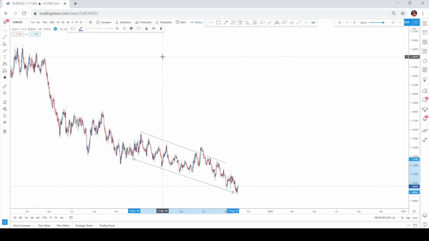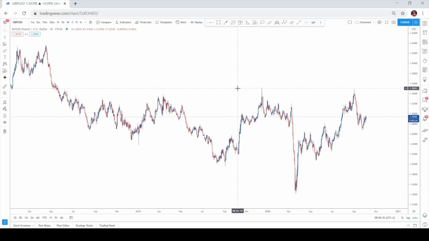Now let's jump into how to backtest. All right, guys and girls, we're going to be backtesting on GBPUSD. So how do you firstly backtest? There is a tool called the vertical line. The vertical line is the one we use to determine where we're going to start backtesting and where we're going to end backtesting.